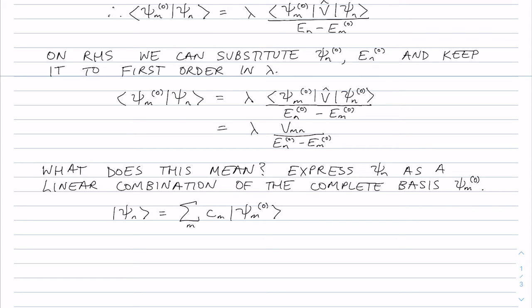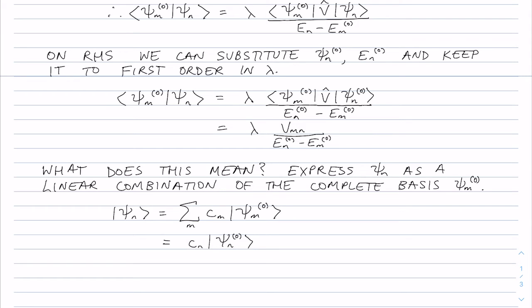So we know that all of the eigenfunctions of the Hamiltonian H0 will form a complete set. We can form any wave function from those functions. Given that, we can expand this out. The first term is going to be something close to 1, because psi n is close to psi n naught.